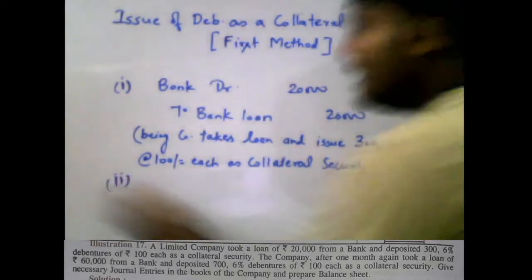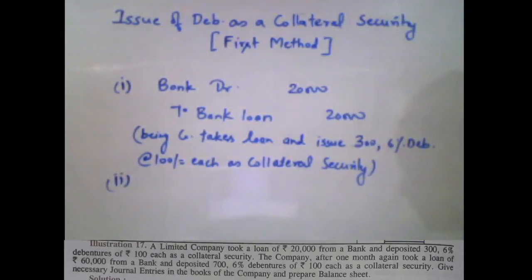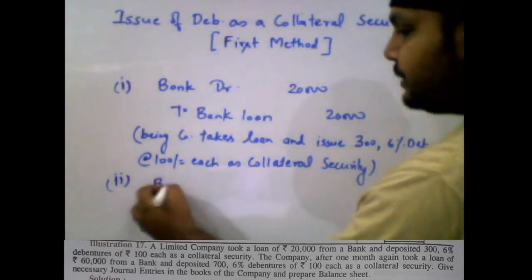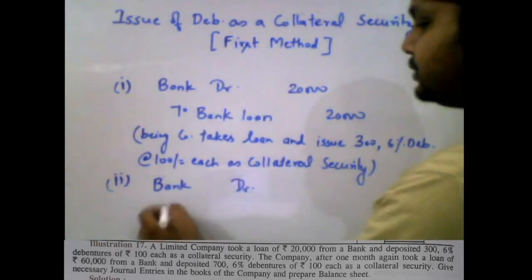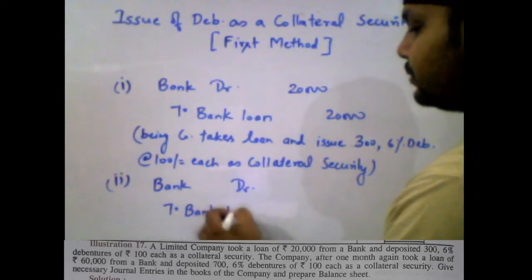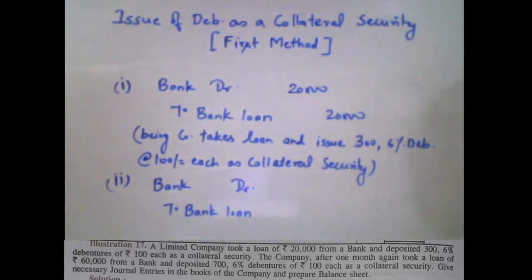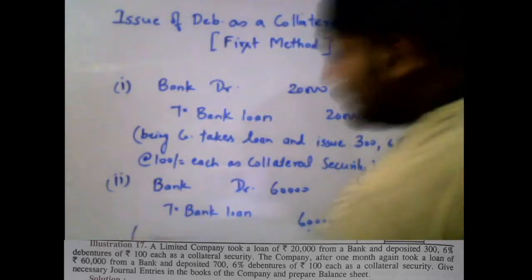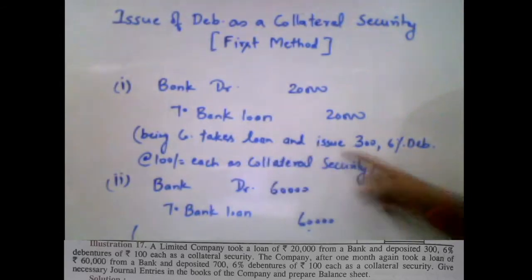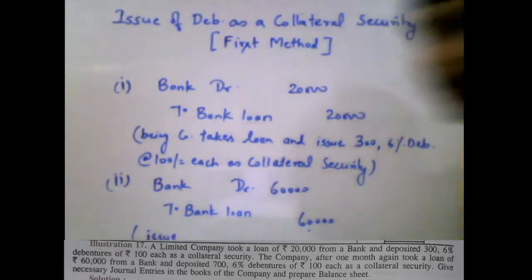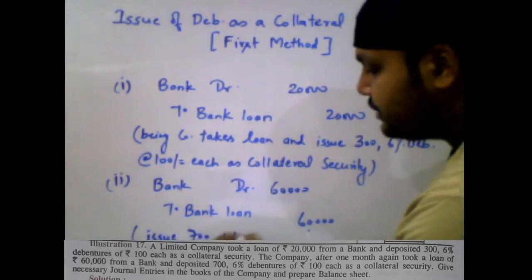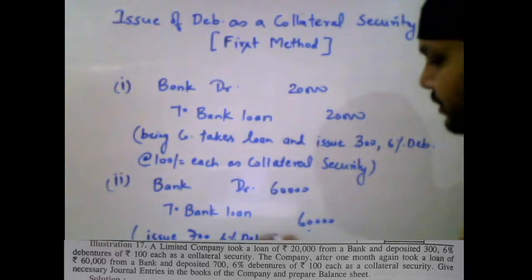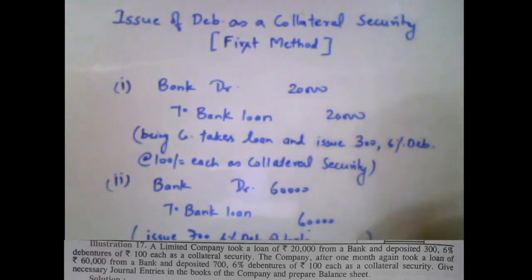Again the company takes, after 1 month, a loan. So again the entry will be bank account debit to bank loan. The amount of the loan is 60,000, and in this situation the company issues, so what will the narration be here? The company takes a loan and issues how many debentures? That is 700 6% debentures at the rate of 100 each as a collateral security.